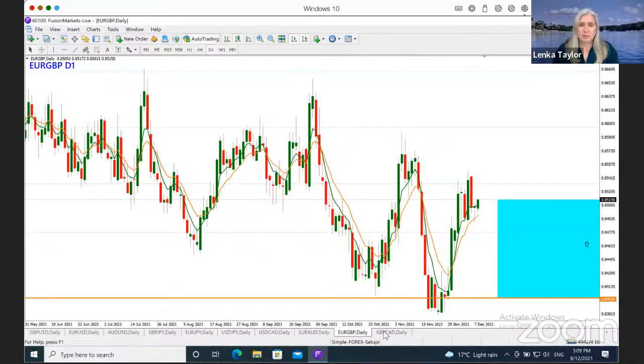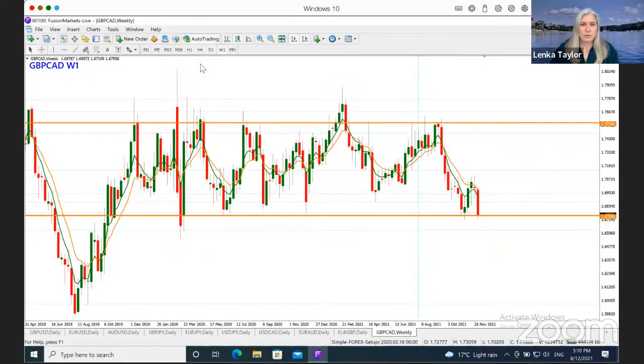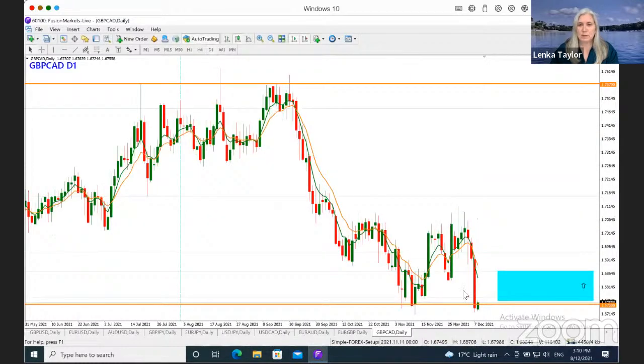And the last currency pair I'm going to have a look at is GBPCAD. And GBPCAD, I'm looking for long. So on the weekly, we had that price action go all the way to the bottom again. So that's the second time. So now we're looking for a reversal, if there is one, around that area.